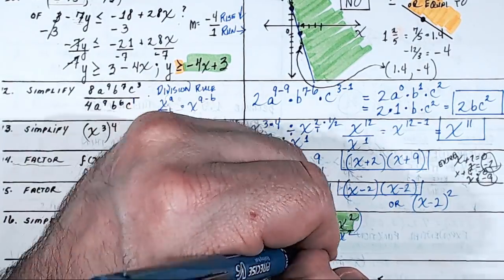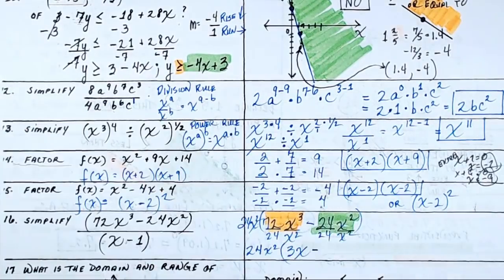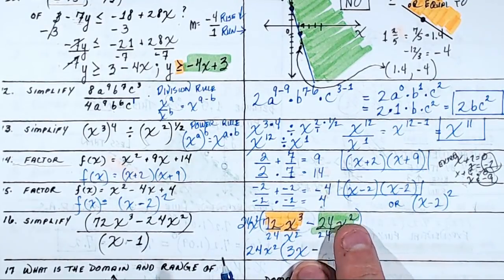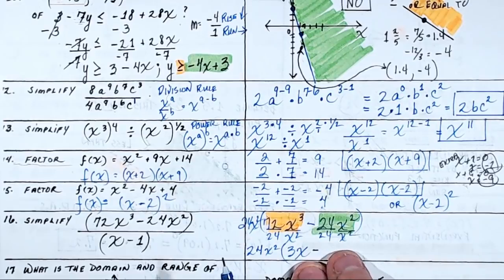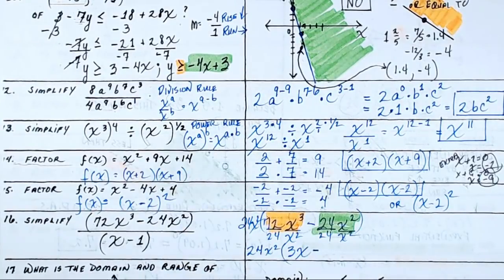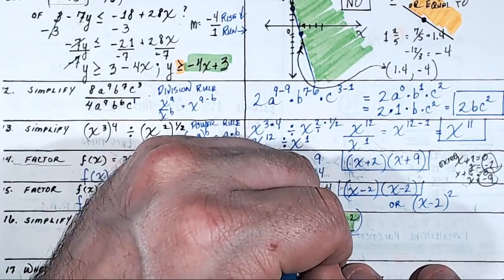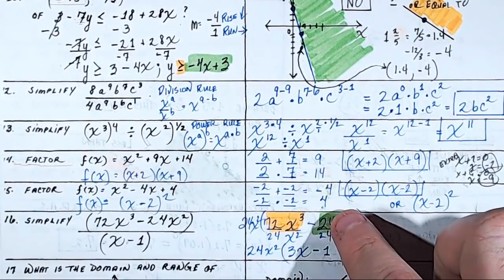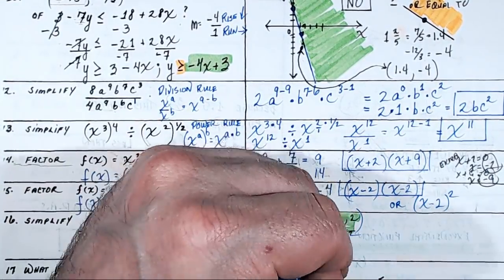And now we put a minus sign, and 24 divided by 24 is 1, and x squared divided by x squared is 1, because x squared over itself is just 1, so I just write a 1 right here to replace all that, and then close the parentheses.